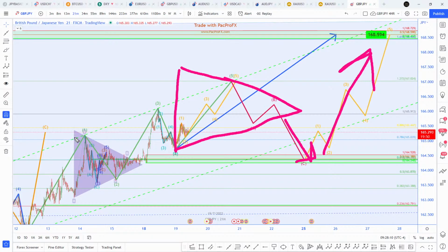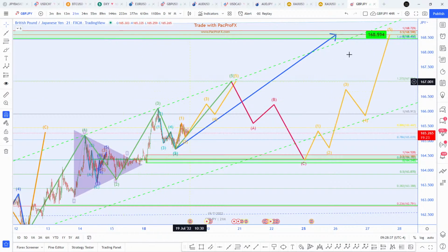These triangles are appearing a lot. So actually there's one right here too. It's ready to break out above on this one here. We're breaking out into another triangle. Love doing that stuff.